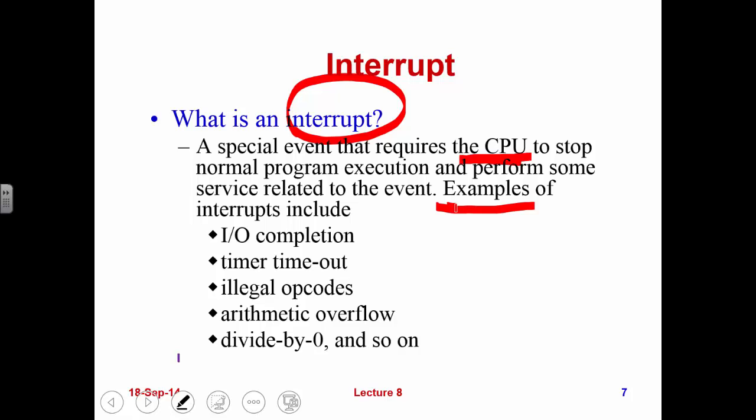Illegal opcodes. This is kind of dangerous. All of these are serious. Sometimes the CPU runs a program and finds out you have illegal opcodes that you never defined in your instructions. Something is wrong, and you have to take care of this.